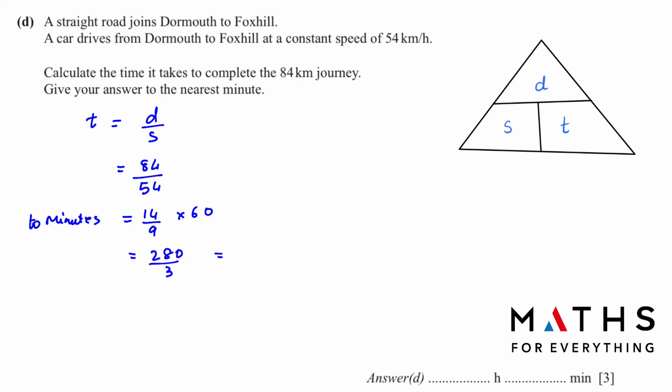Change it to a mixed fraction. You can use your calculator. The answer you have already in the calculator. Press shift and the button above the delete, press that, and you will get 93 and 1 over 3.